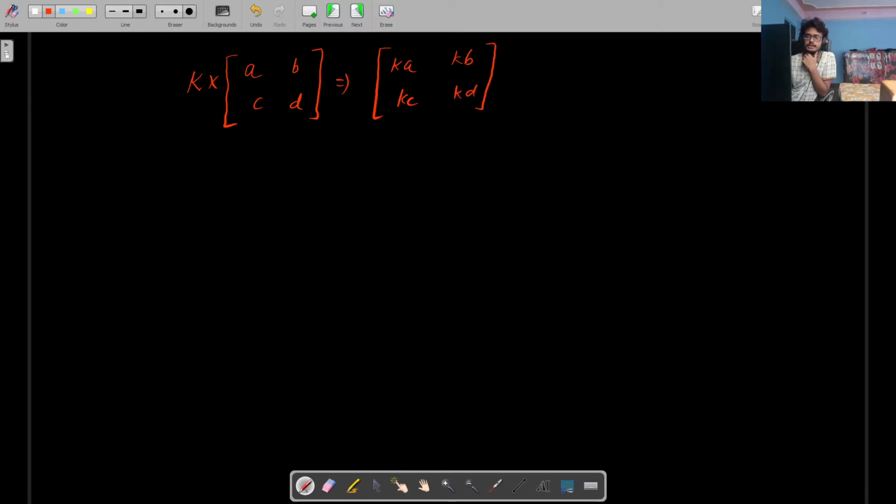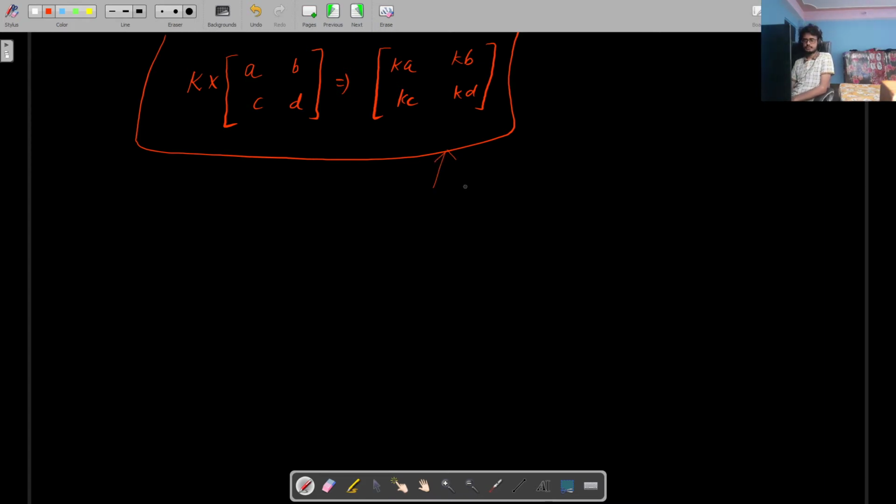This is the summary of what I taught you just now. If a number k, where k is any number, positive or negative, is multiplied with a matrix, then your multiplication should yield something like this.